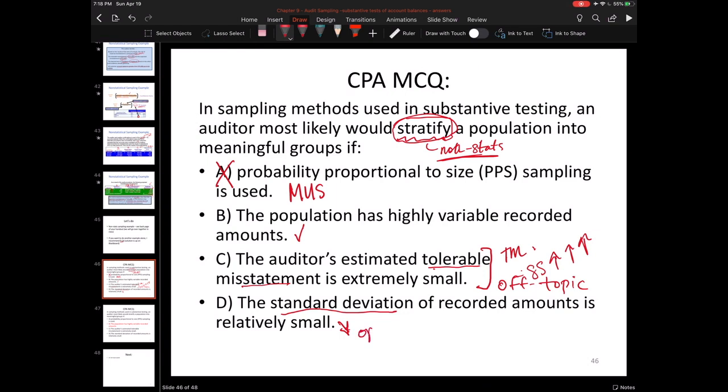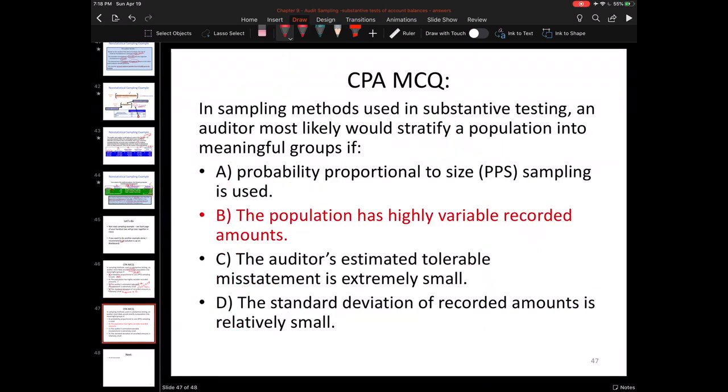So D is actually the opposite of answer B. And since answer B was our most likely choice up until this point, it's good to see that D is the opposite of it, because that means I can easily eliminate D. And we said C is off topic, so it's out. So I'm just left with B as my answer choice here, which hopefully is what you picked too.